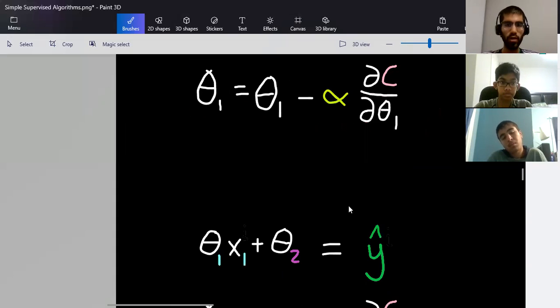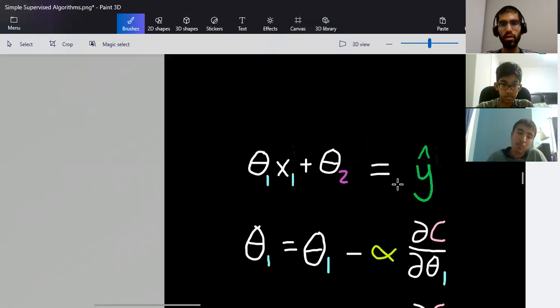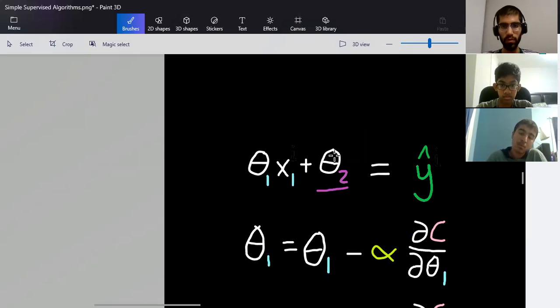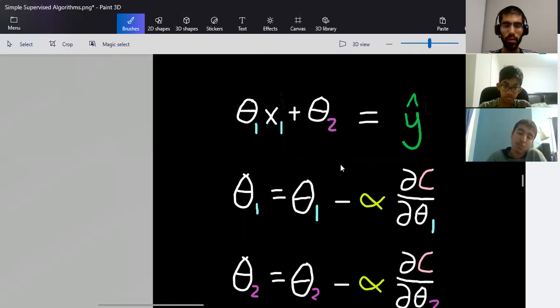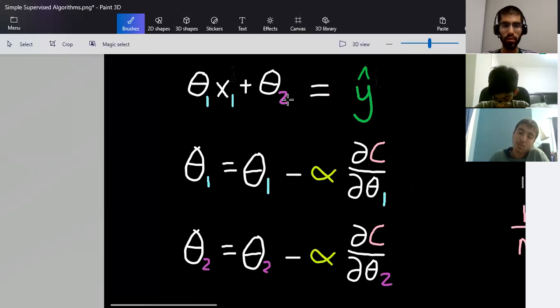However, we do have one quick difference here, which is that there is no longer a coefficient being multiplied here. So there's no longer a coefficient associated with theta 2. It's being added. So when we perform gradient descent, it's still the same equation for gradient descent for theta 1 and 2, but since this term has no coefficient, we have a slight change of plans when we do the backpropagation.